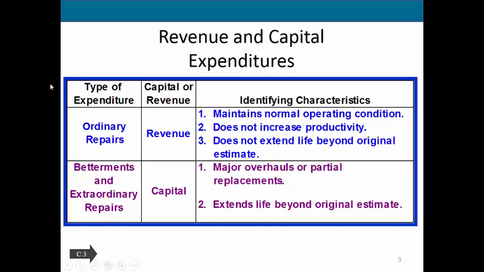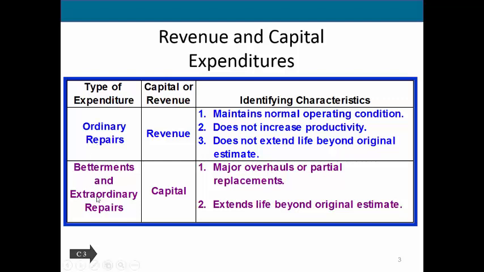If we have any type of ordinary repair, these are just ordinary repairs and maintenance that come up. Any type of ordinary items are going to be a revenue expenditure, meaning we go ahead and expense that in the period in which it's incurred.